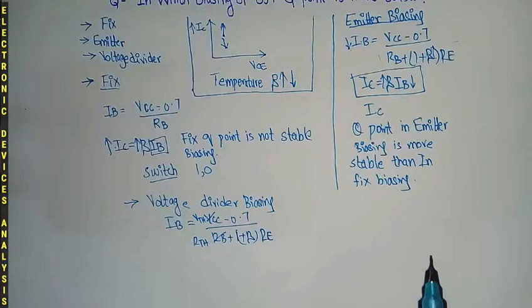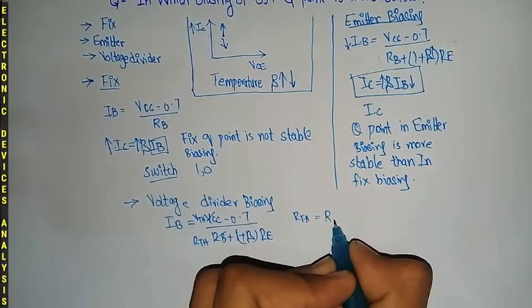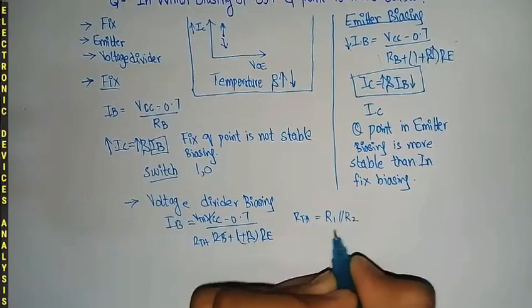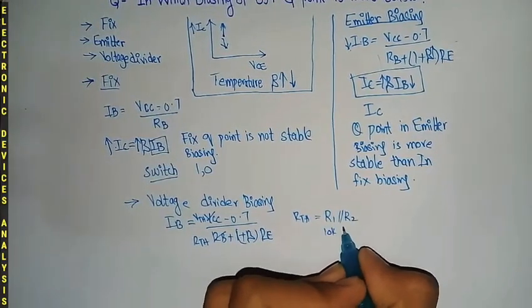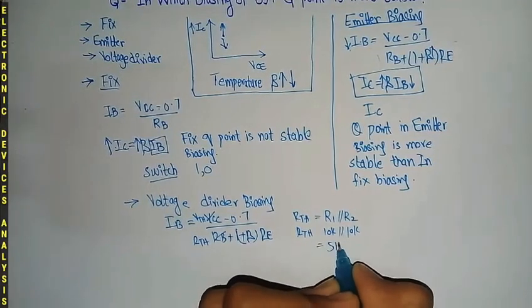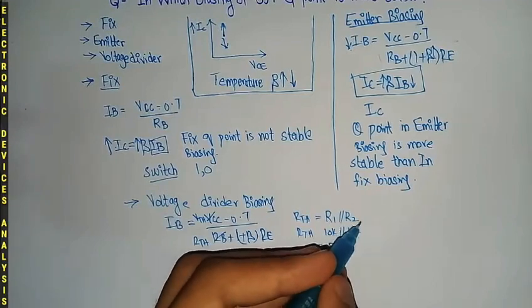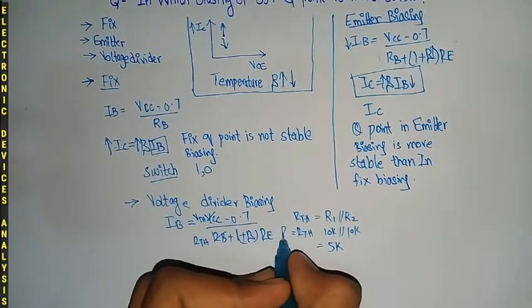Now one important concept is over there: what is RThevenin? RThevenin is R1 in parallel with R2. So let's take R1 of 10k, R2 of 10k, your RThevenin will be 5k. So RThevenin has a much smaller value than R1 and R2, and RThevenin is also known as RB.